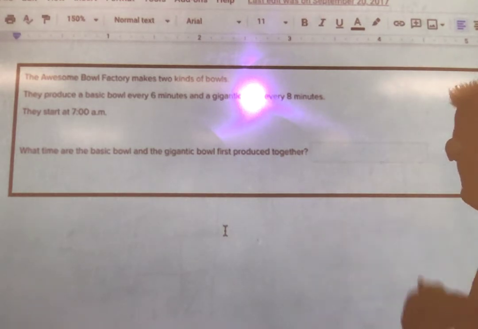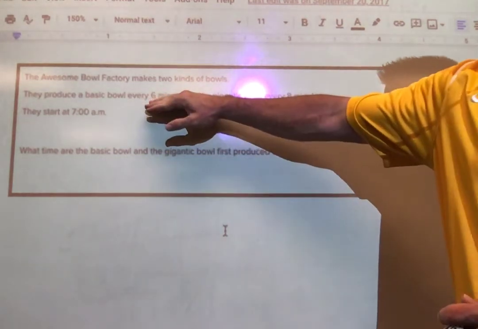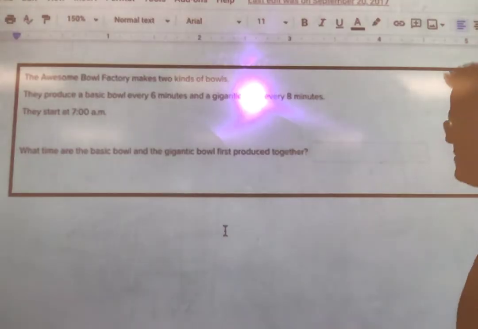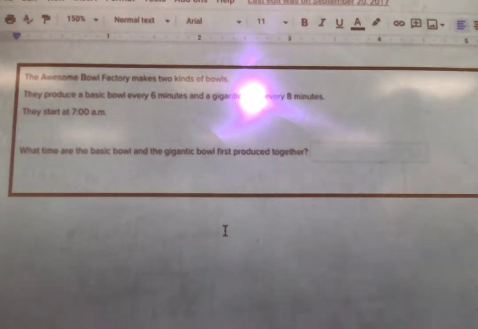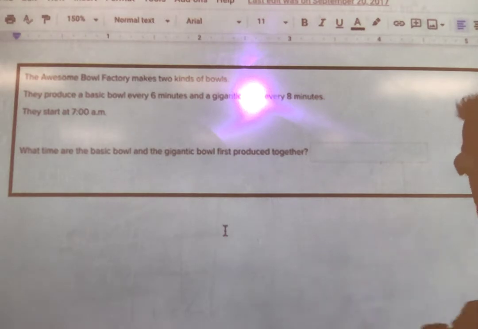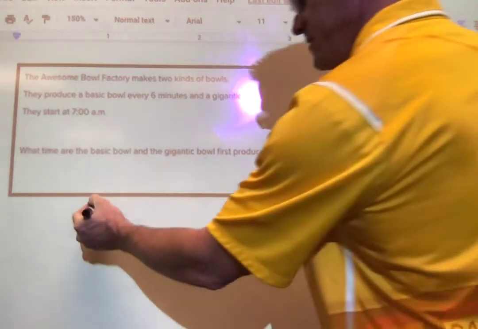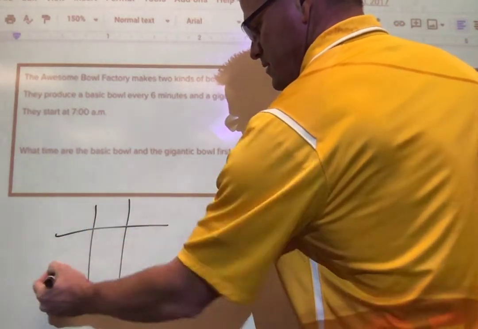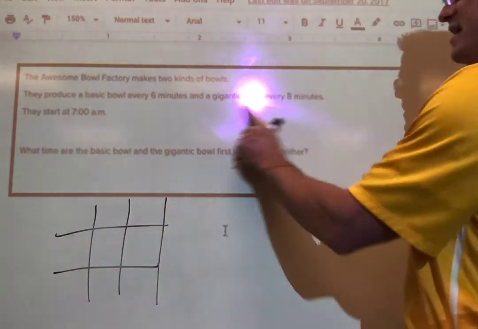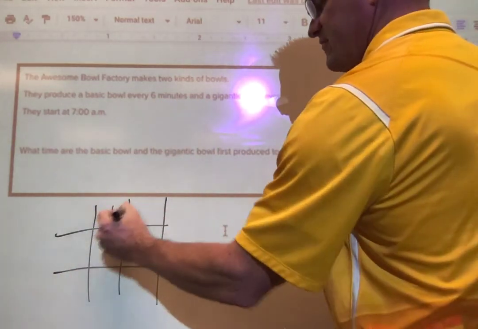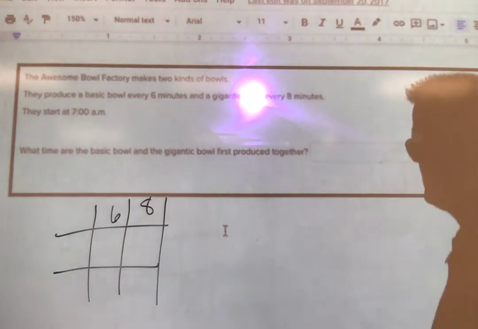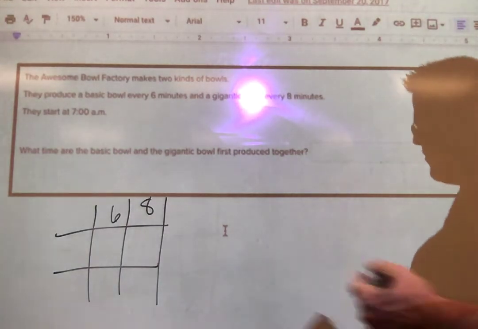I need to find the least common multiple of 6 and 8. So I could do some skip counting by time, or I could do a grid method with multiples. So I'll go ahead and show a grid method here. I've got every 6 minutes and every 8 minutes. So I want to find the least common multiple of 6 and 8. To do this grid method, I'm going to pull out a common factor.